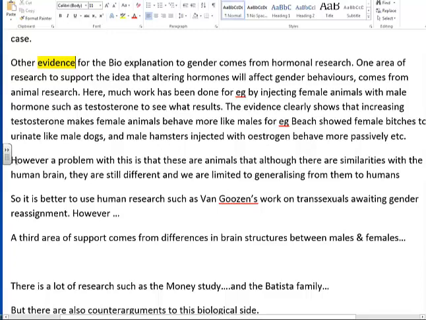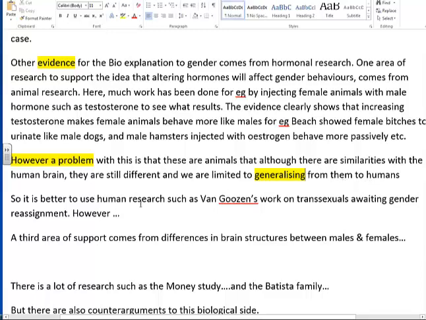Now, a problem with this, and when we're using evaluative points, we're trying to build on whatever evidence you've said before, is that these are animals, and although there are similarities between them and the human brain, they're still different from us, and we're limited in generalizing. So there we go, key words: generalizing from them to humans, or generalizing from that sample to humans. That would be even better. Okay.